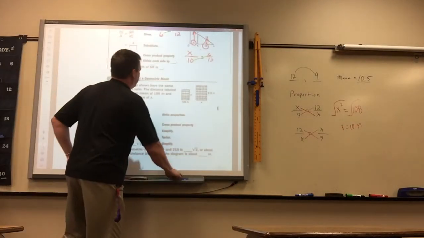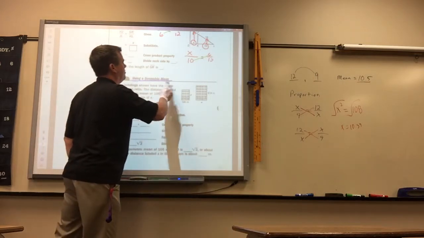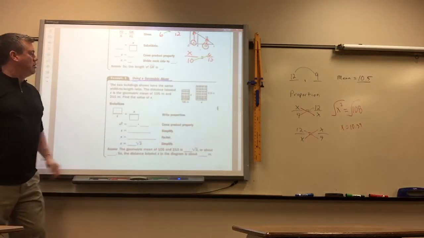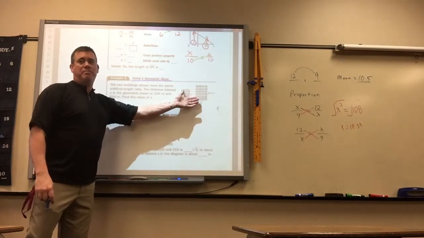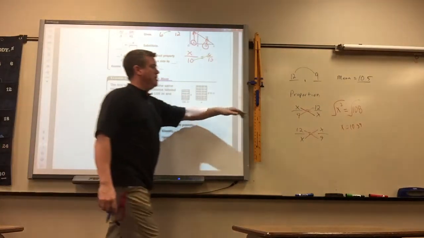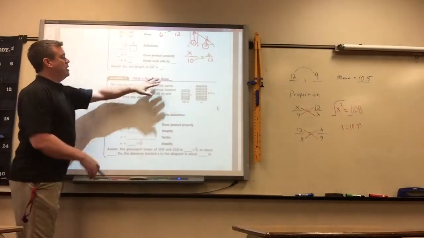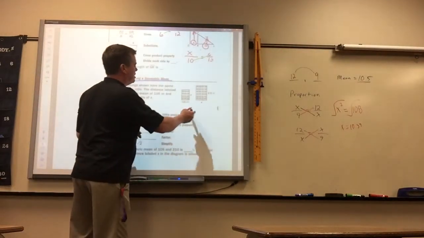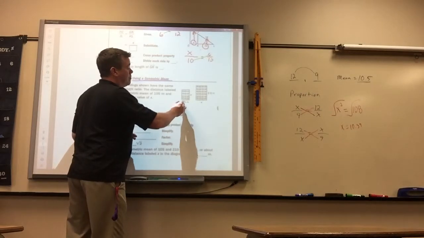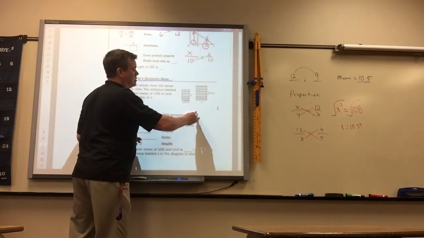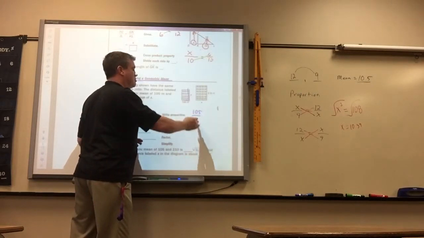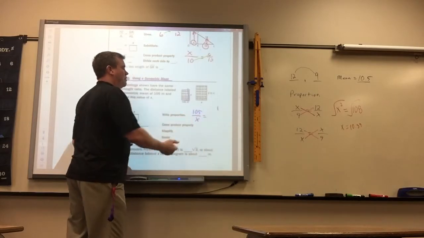Using the geometric mean. When you set this one up, it's going to turn out to be a geometric mean. It's going to look just like those. Without even reading any of this, looking at this picture, if I go from the bottom of this building to the height of this building, what would I have to put on the other side?